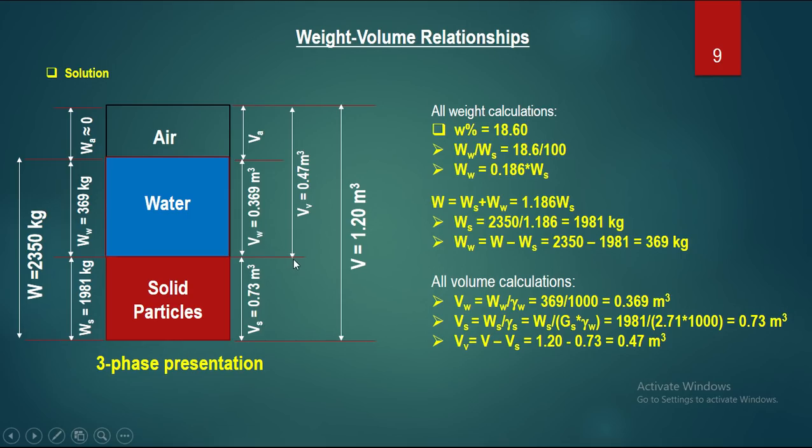And the total volume is known, this one is known, this one is known. So what should be your total volume of void? This total volume minus the volume of solid, that should give you the total volume of void. We are not interested to know the volume of air, because we don't have any weight-volume or volume definition which relates volume of air.